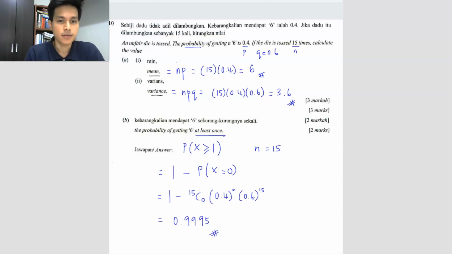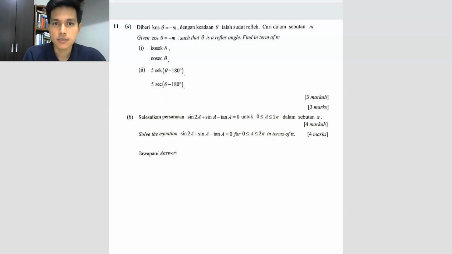Alright, next. Given cos theta equals negative m such that theta is a reflex angle, find in terms of m. So these two questions here: cosec theta and 5 sec(theta minus 180). First thing we have to find out is where this angle is. Let's say you have your 4 quadrants. Cos is negative m.